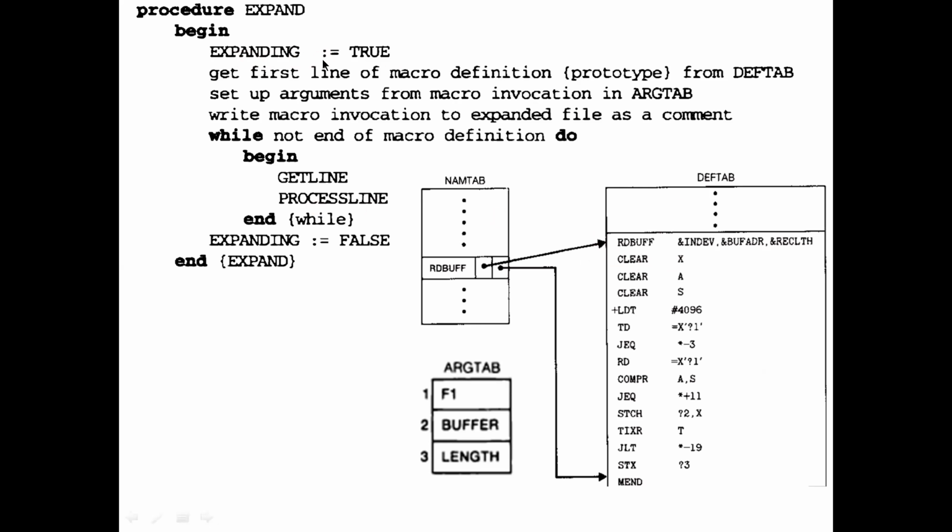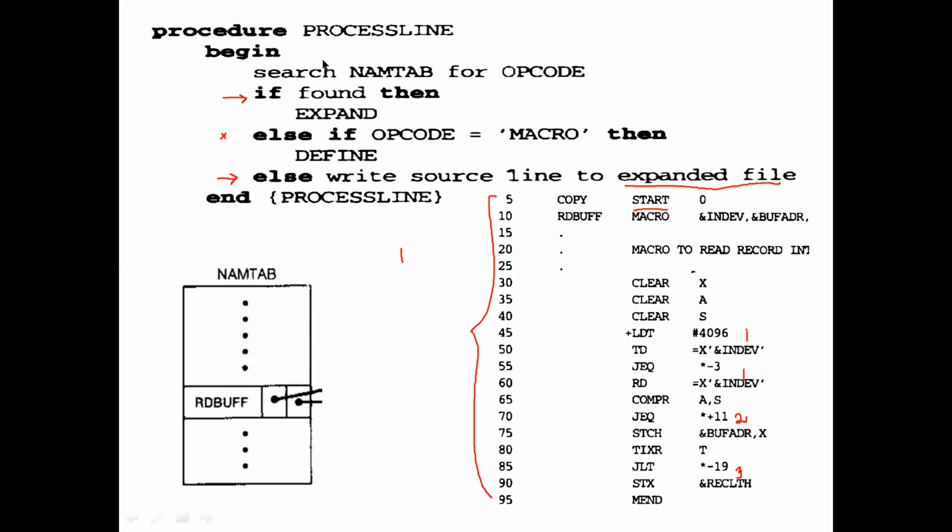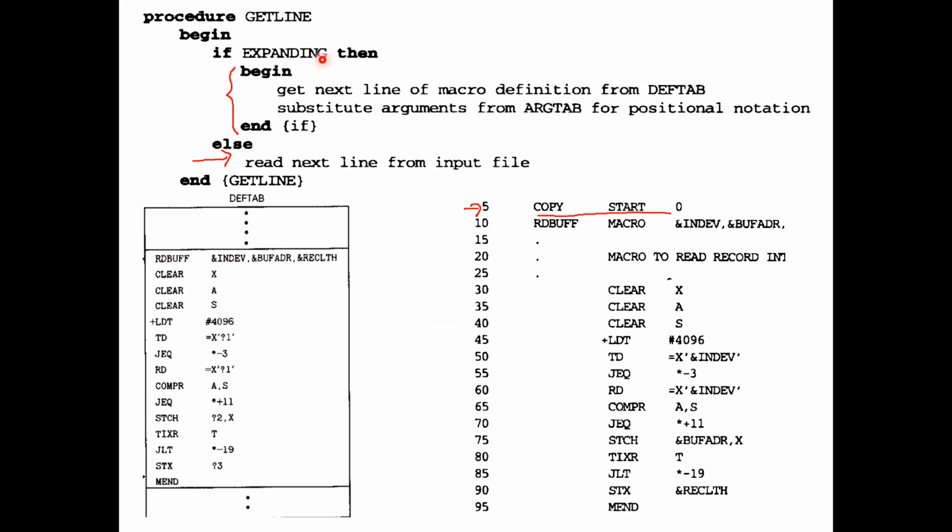Now let us see what is written in get line, the part that we skipped initially. So when you get the line, if expanding is true. Now here the value of expanding is true, right? So what do you have to do? If the value of expanding is true, then get the next line of macro definition from def tab, get that line, and then substitute arguments from argument tab for positional notation.